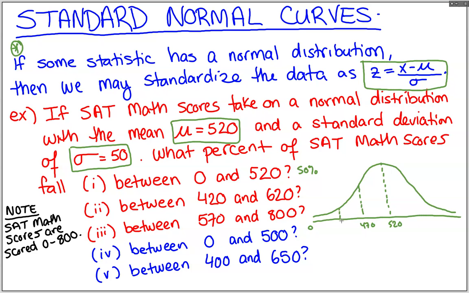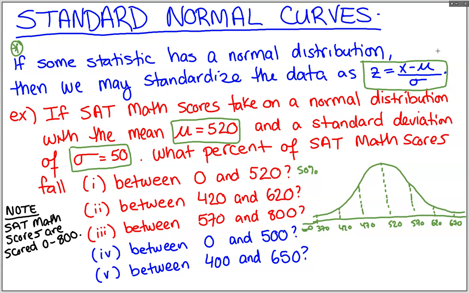Then another standard deviation below the mean would be 420, and then another one would be 370. And then 0 is way out here. Not many people get 0. One standard deviation above the mean would be the mean, 520, plus the standard deviation, 50, so it'd be 570. Then another standard deviation above the mean would be 620, and then another would be 670. And very few people get above 670 in America.